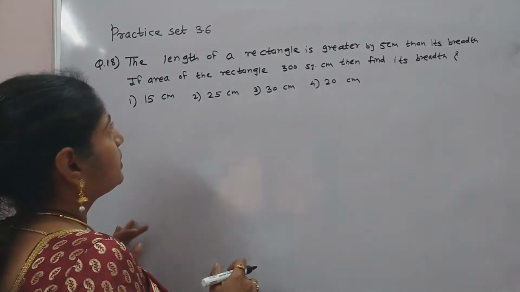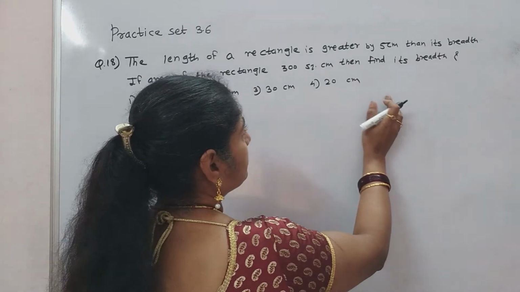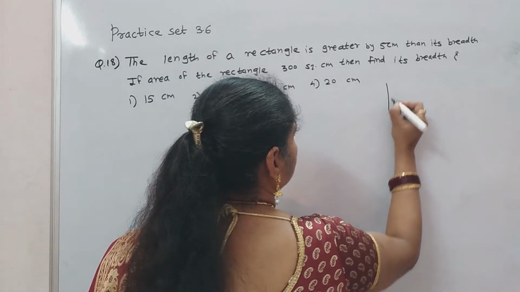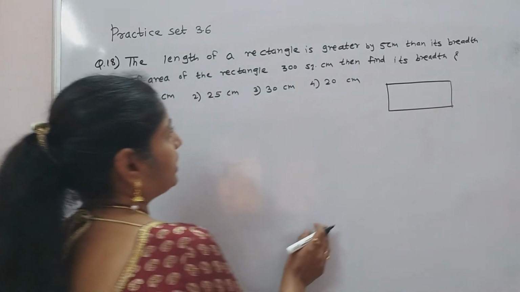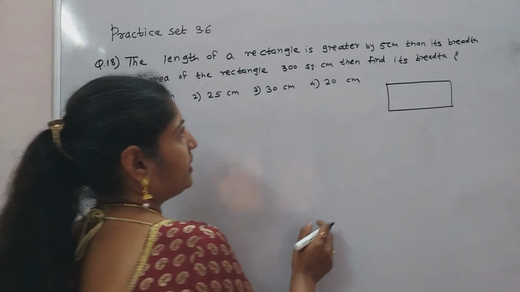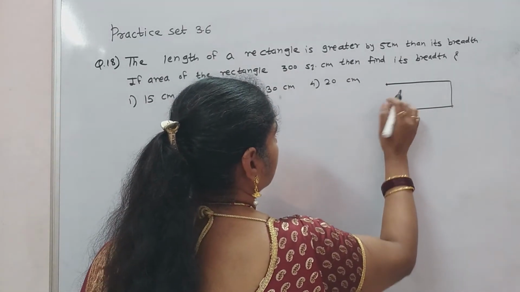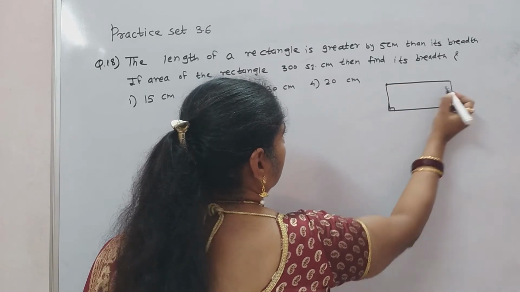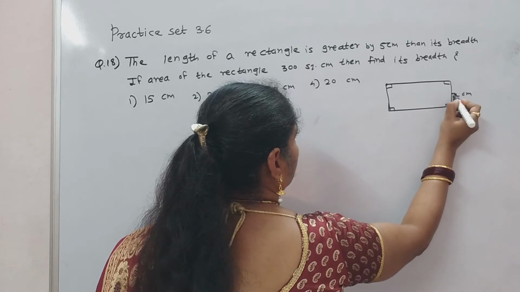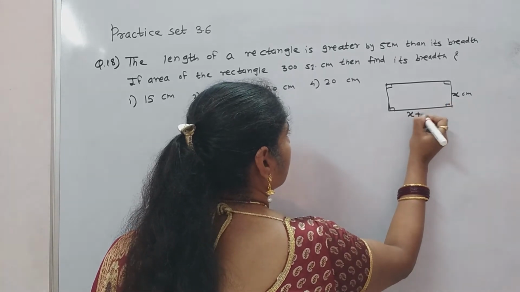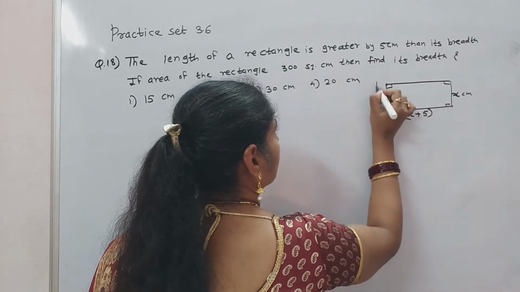Next question. The length of a rectangle is greater by 5 centimeter than its breadth, and the area of the rectangle is 300 square centimeter. Find its breadth. Let the breadth be x centimeter. So length is greater by 5, that is x plus 5.